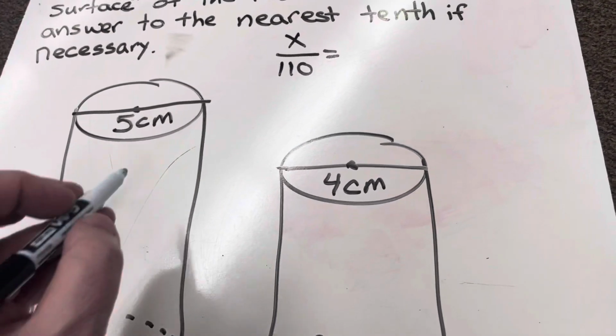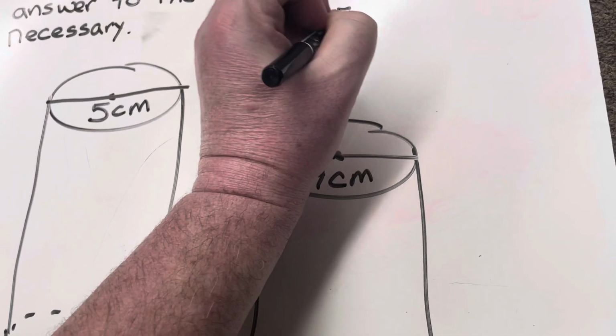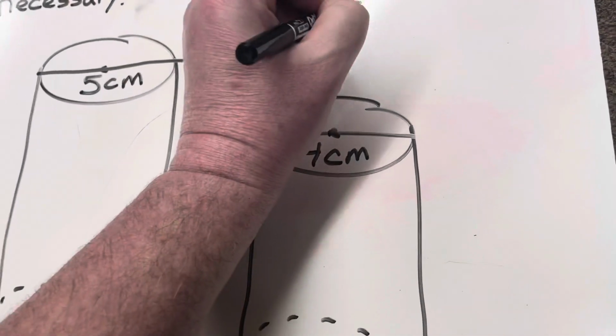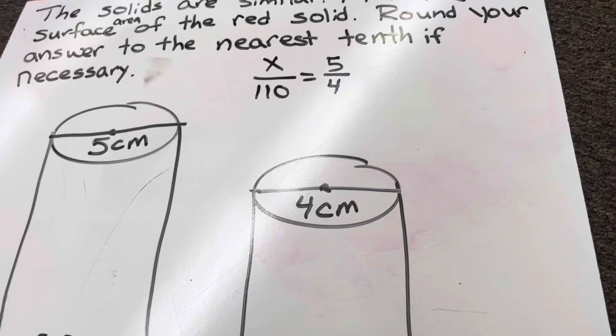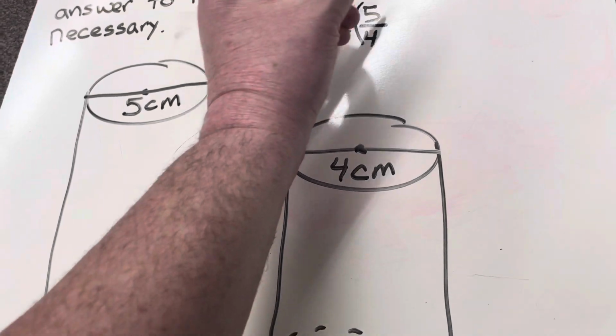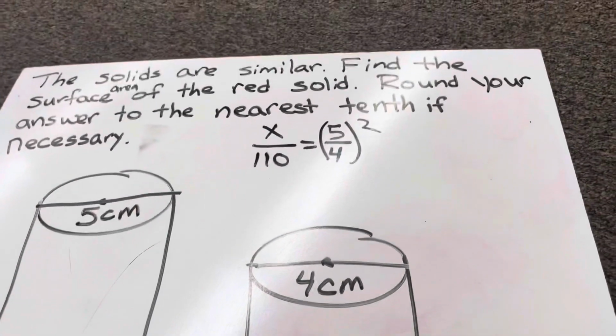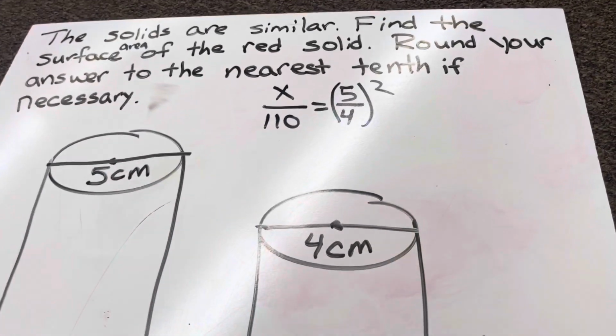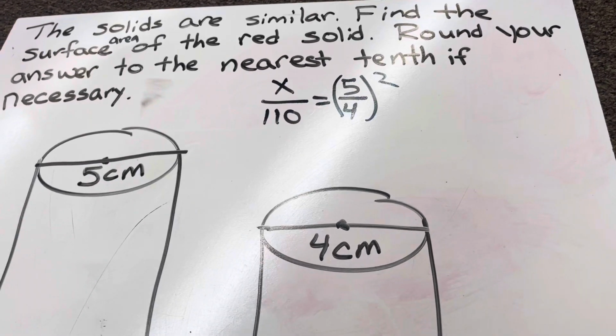So for A, we're going to put it over 5. For B, we're going to put 4. And then we're going to say, okay, for surface area, we square them. That's what we do.